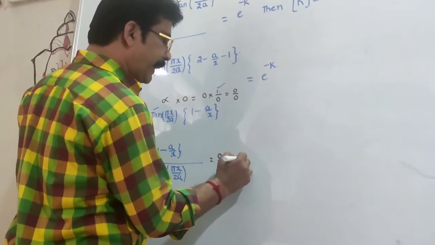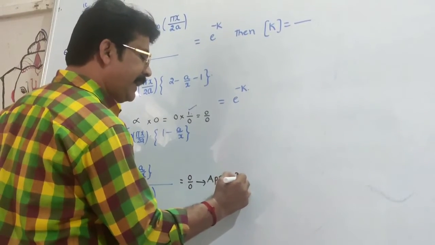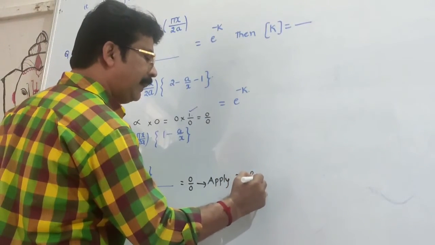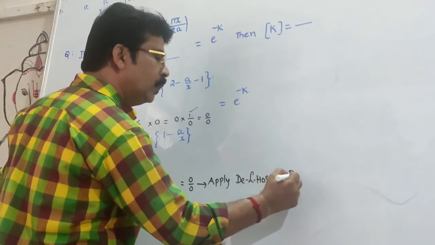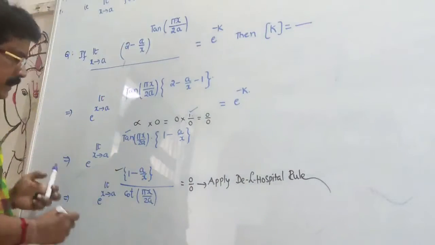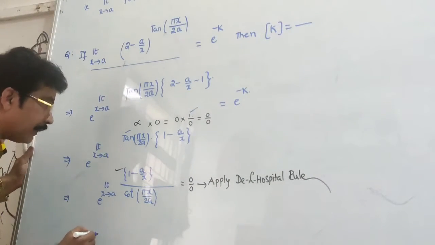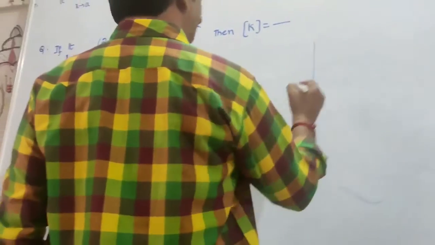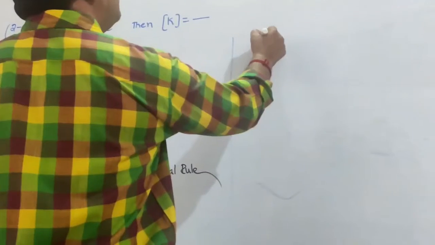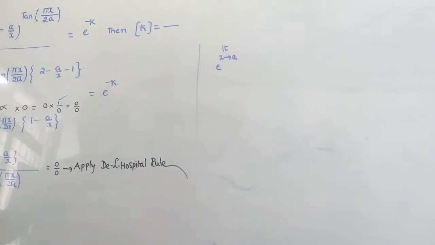So therefore, apply L'Hospital rule here only, just like that. So therefore e power limit x extends to a of d by dx.